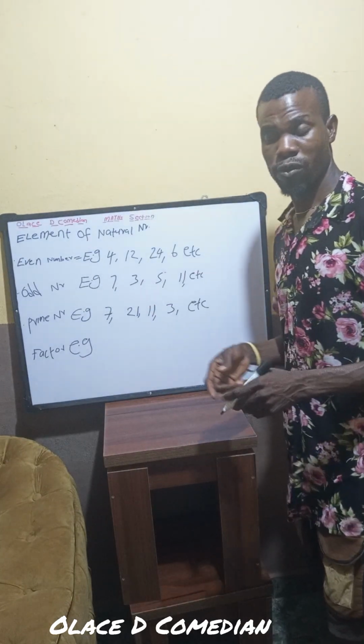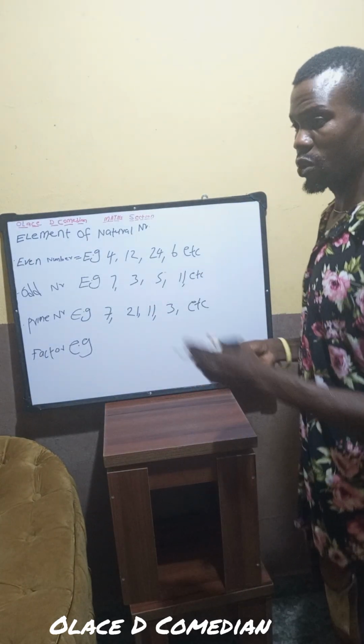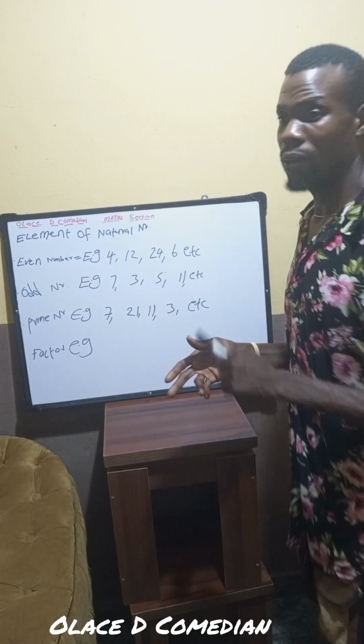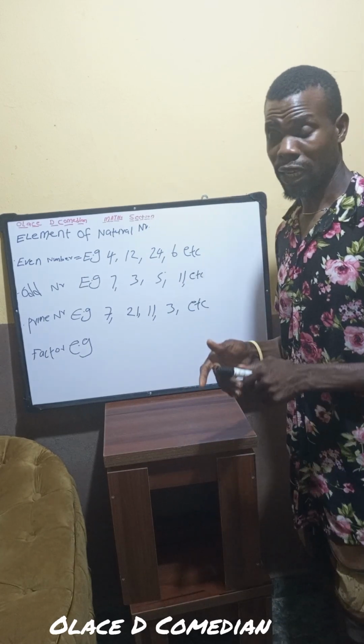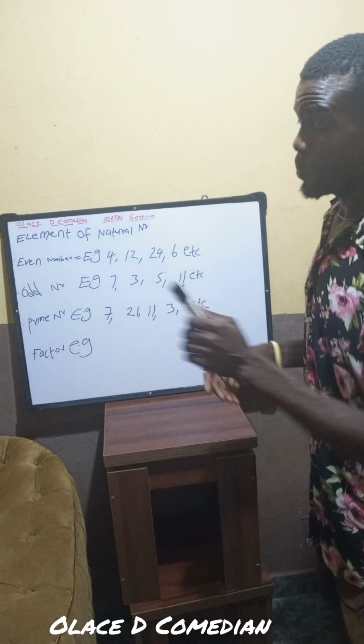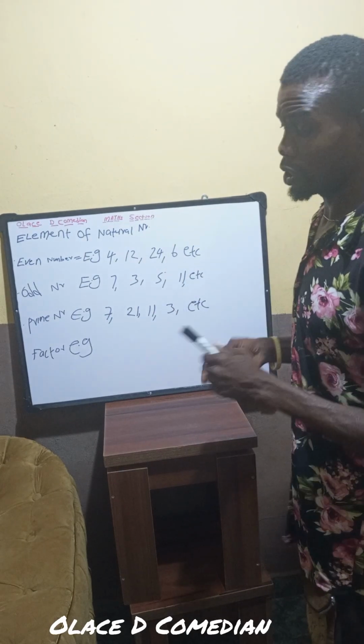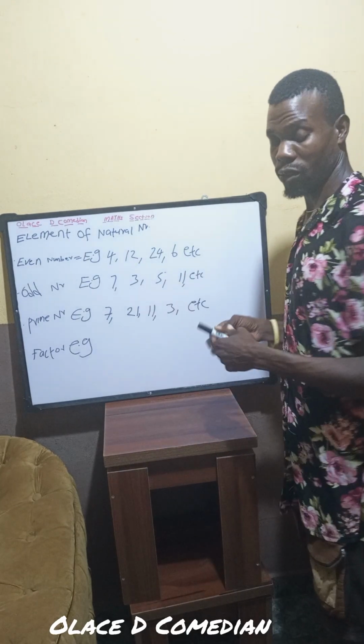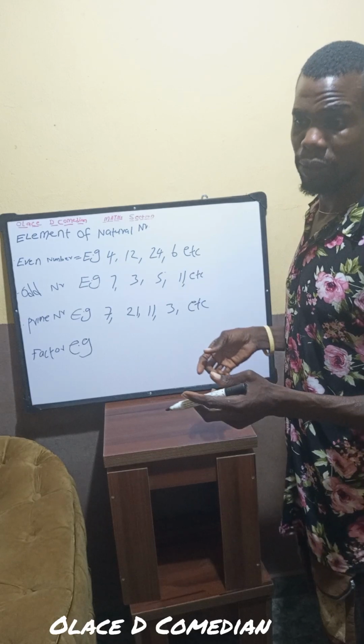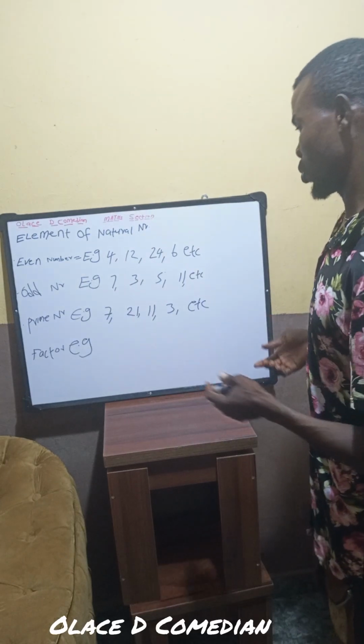Let's go to soup. If you want to cook a pot of soup, you know that you will buy onion, maggi, water, salt, pepper, and so on. You know the ingredients that make up a particular soup you want to cook.